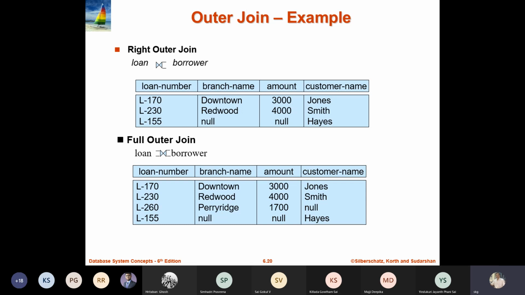That means considering those tuples which are in loan but not in borrower, and also those tuples which are in borrower but not in loan. So we get some sort of union of the left outer join and the right outer join.